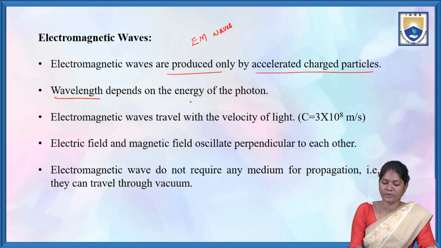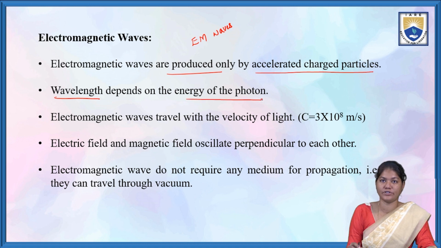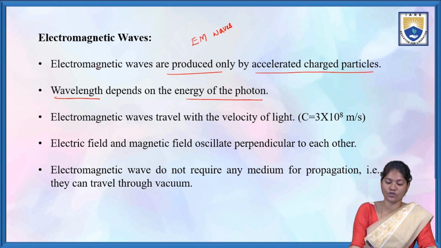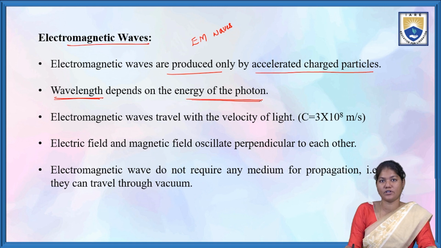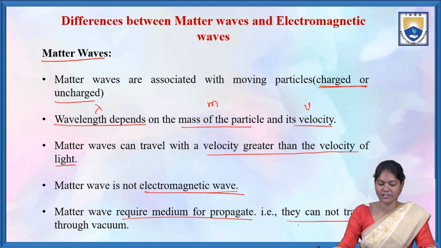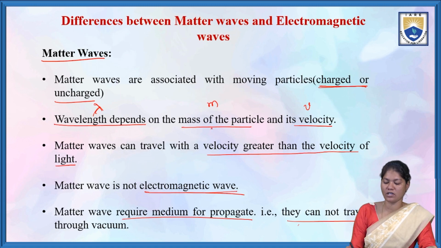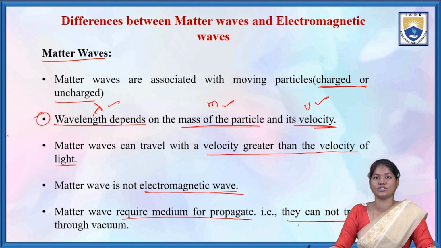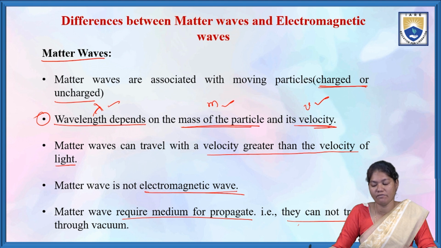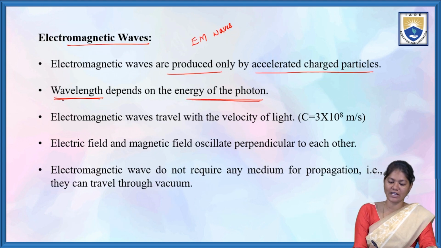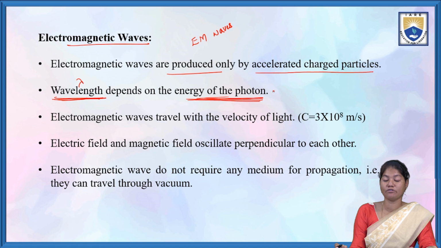The wavelength depends on the energy of the photon, whereas in the case of matter waves, the wavelength depends on the mass of the particle and its velocity.